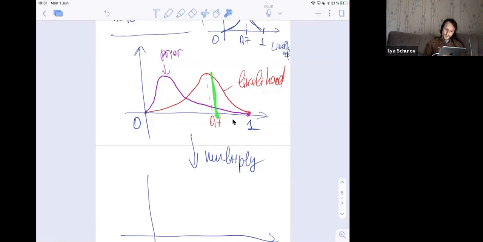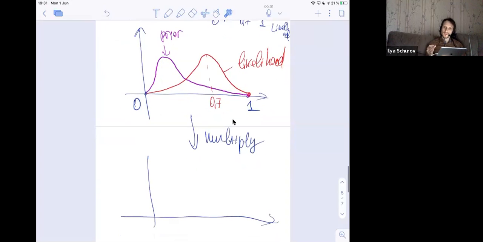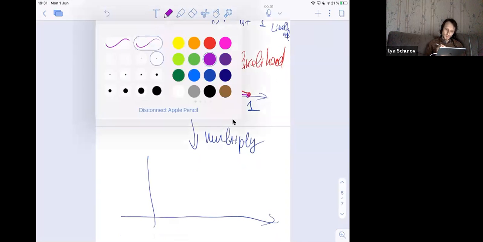And here it is vice versa: we have a small prior but large likelihood. So when we multiply them, they will, in a sense, cancel each other. Not directly cancel, but we will get rather small values here and rather small values here. But somewhere in between, it is possible to get much larger values of posterior probability.